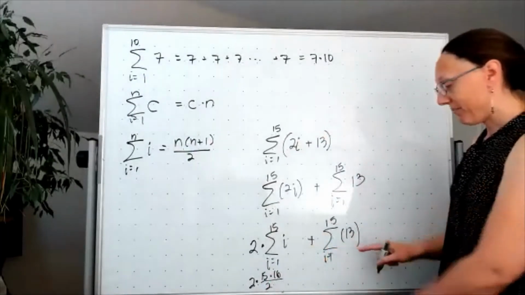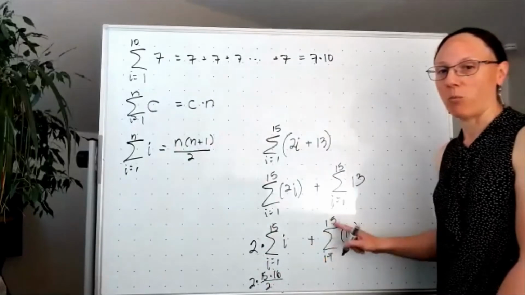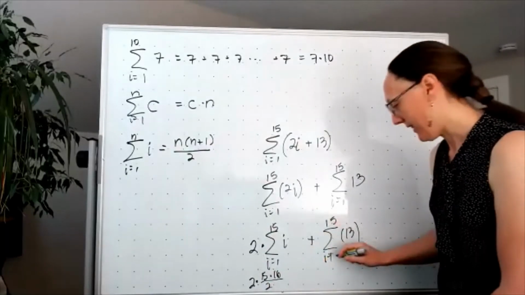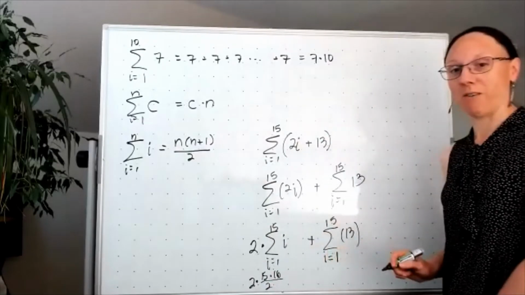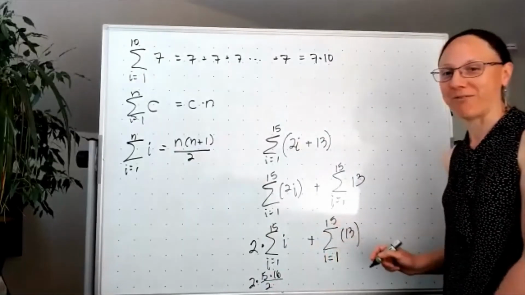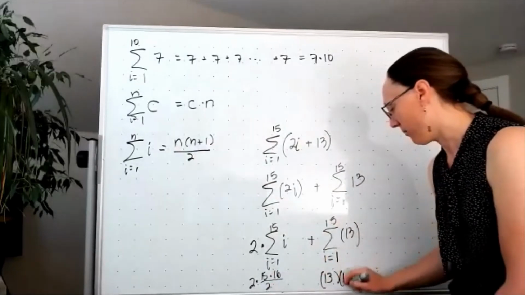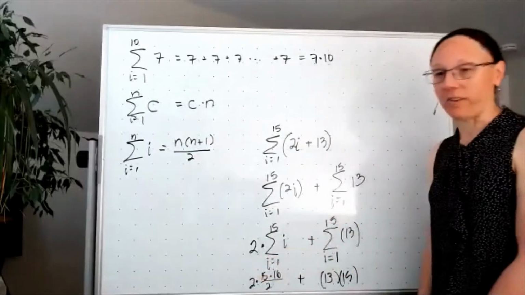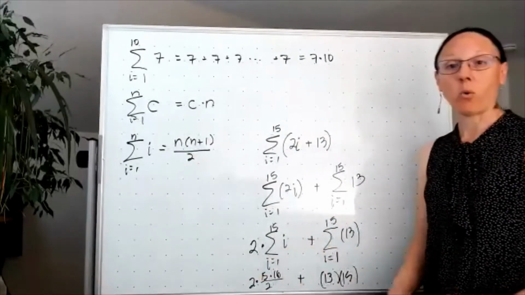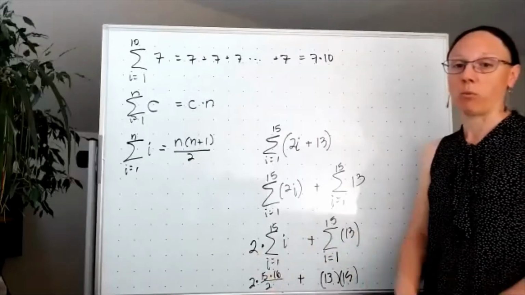For this one, my formula, because I'm adding up a constant from 1 to 15, and that's a little bit messy down there, let me actually make that look like i equals 1. So I'm going from 1 to 15. That's going to be 13 times 15. And you could throw that whole thing in a calculator, get a number, or if you were doing this as a WeBWorK problem, you could just type that in and let WeBWorK be the calculator for you.